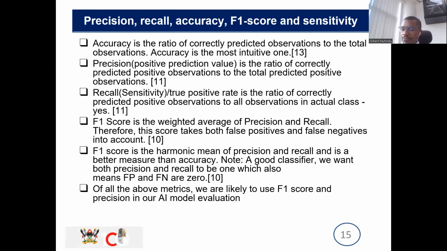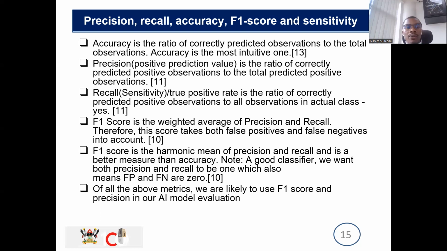So precision is TP, the true positive, out of true positive plus false positive. Basically in precision, we just want to get the exact positive observation. That's why the formula has false positive, to get the exact positive observations that we made.